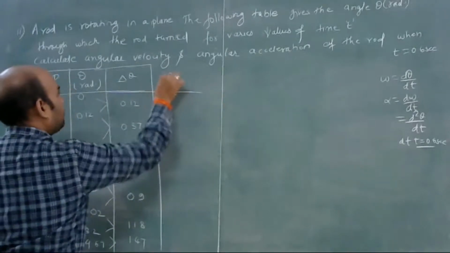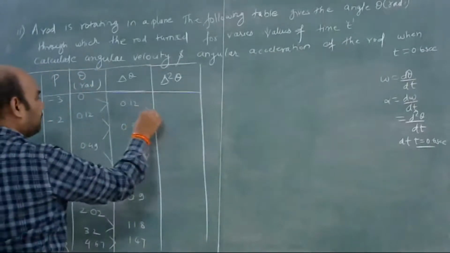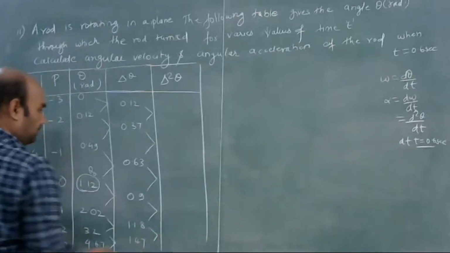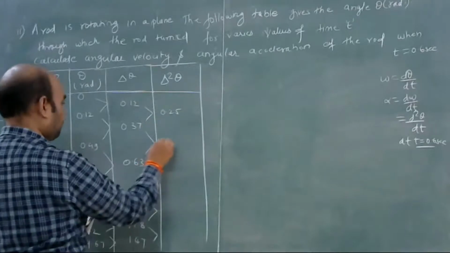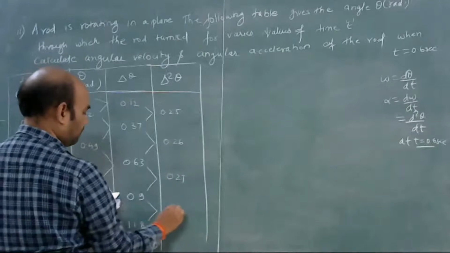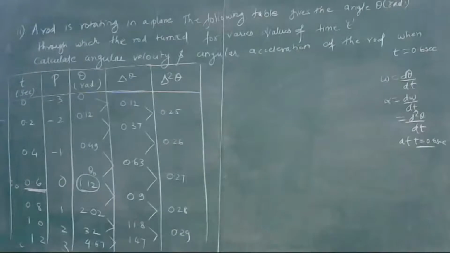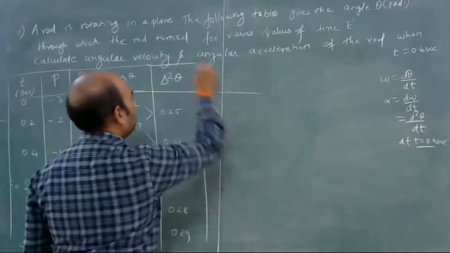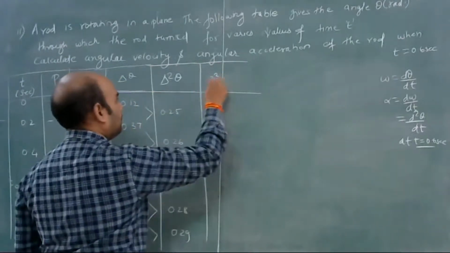Then second difference, del square theta. So difference of these two. Okay. This is 0.25, 0.26, 0.27, 0.28, 0.29. Then will be same. Del cube theta.